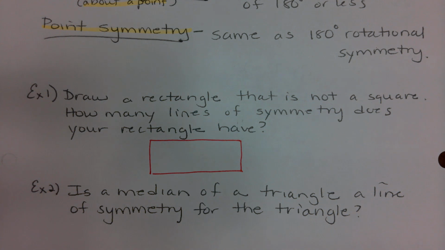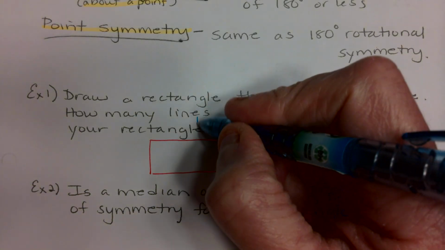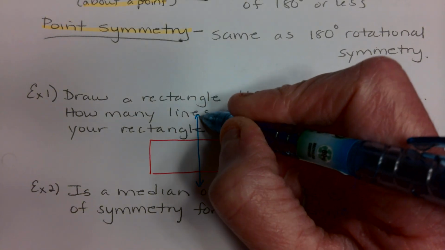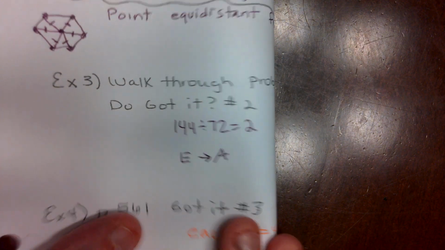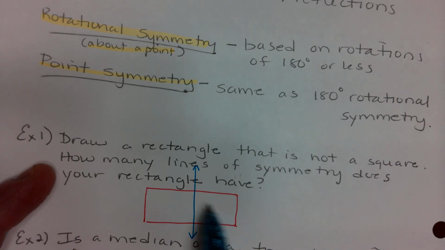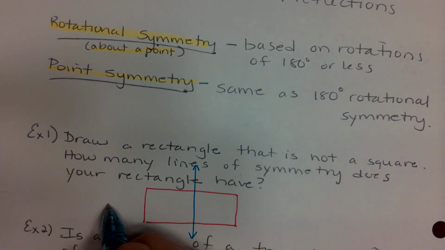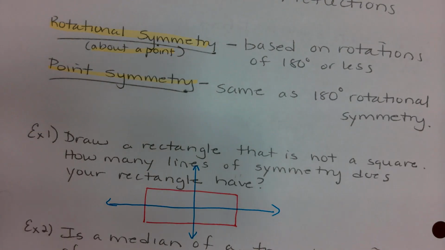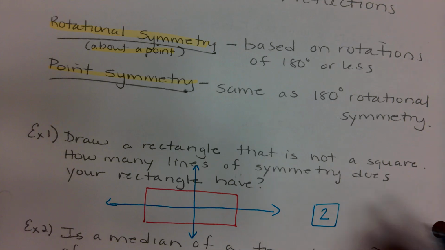So go ahead and draw lines of symmetry and see if you agree. There's one. And you know how I know? If I fold it on that line, I know that those sides would overlap with each other perfectly. I also know that if I fold it this way on that side, they would overlap perfectly. So my answer is 2.